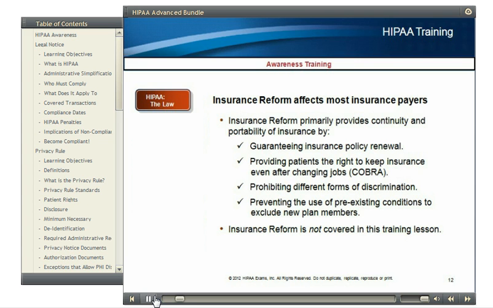Insurance reform primarily provides continuity and portability of insurance by guaranteeing insurance policy renewal, providing patients the right to keep insurance even after changing jobs, COBRA, prohibiting different forms of discrimination, preventing the use of pre-existing conditions to exclude new plan members. Insurance reform is not covered in this training lesson.